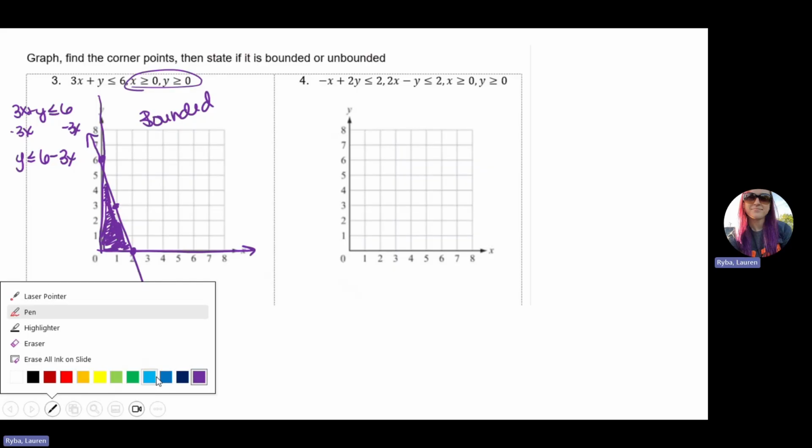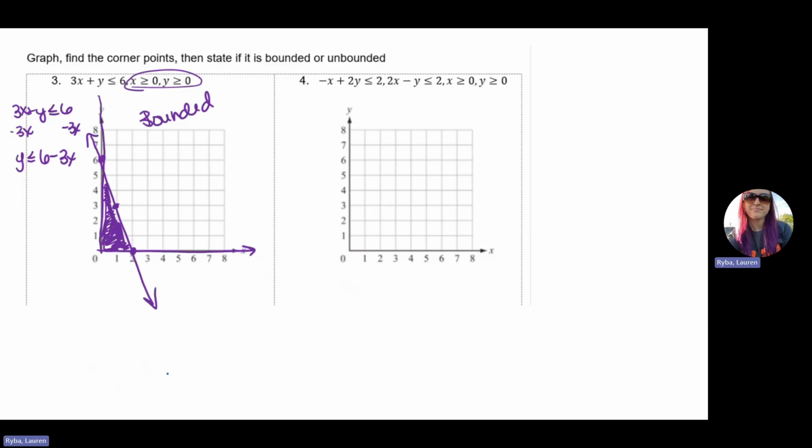Because it is a triangle, it has 3 sides and 3 corners. So corner 1 up here is 0, 6. Corner 2 down here is the origin, 0, 0. And corner 3, 2, 0.